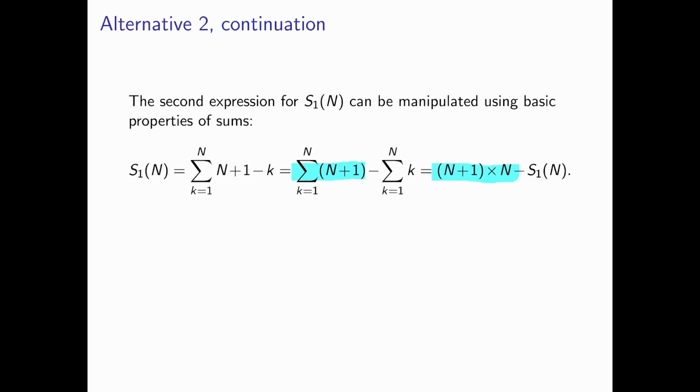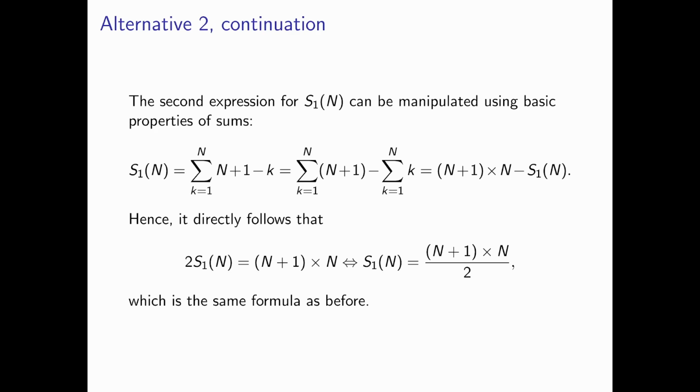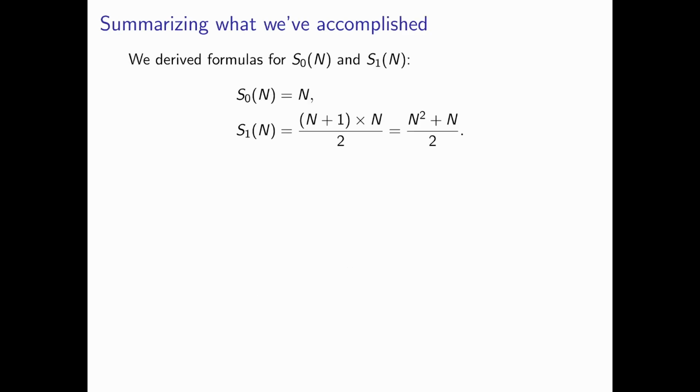And this guy over here, well, it's just by definition equal to s of 1 of n. And from this now, we can take the right-hand side and move this term s of 1 of n over to the left-hand side. And what do we get? Well, we get that 2s of 1 of n is equal to n plus 1 times n, which gives us the formula from before.